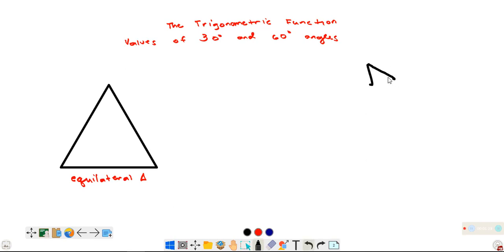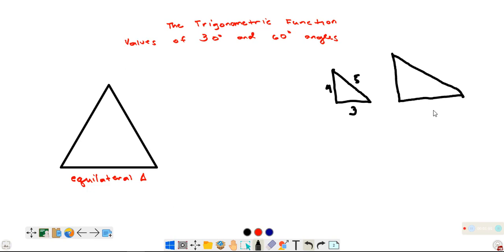If say for example, you have this right triangle, and the measurements are 3, 4, and 5. And then you have a triangle similar to it, but with higher dimensions. So this is 6, 8, and 10.